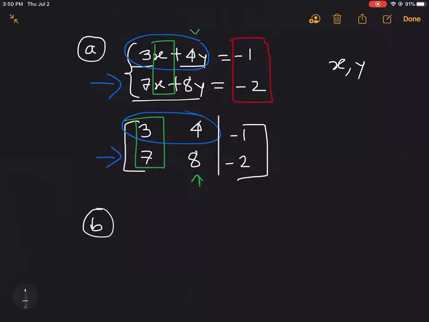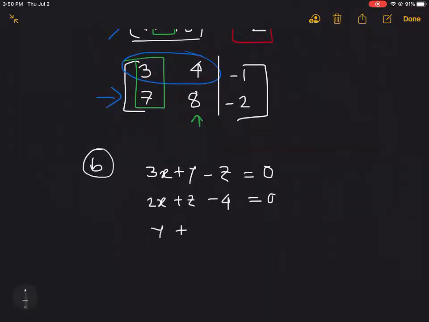So let's take a look at the next system of linear equation. 3x plus y minus z equals 0. 2x plus z minus 4 equals 0. And y plus 2z minus 7 equals 0.